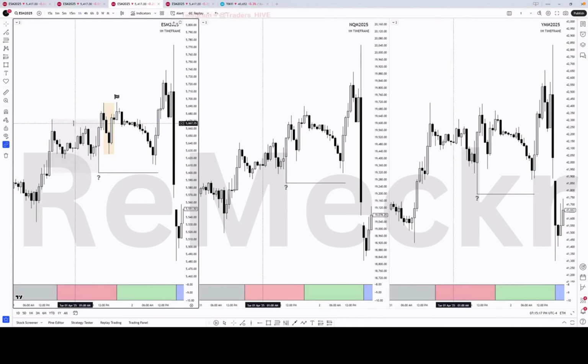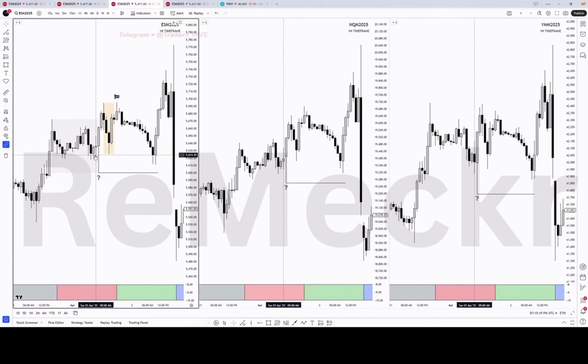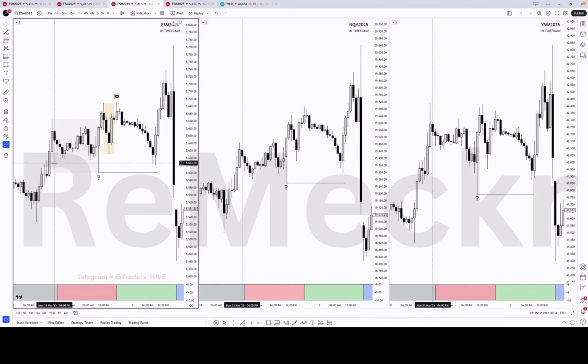This consolidation. Exactly. It would be the original consolidation. So we have the TPD, we have the first phase, and then we have the original consolidation.